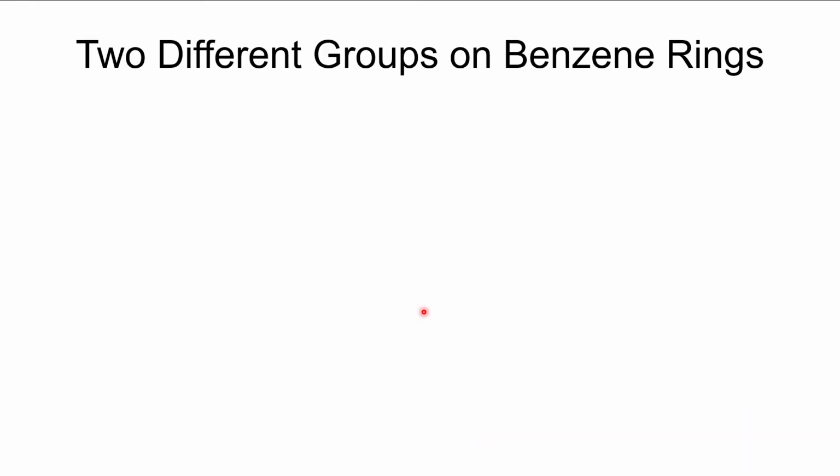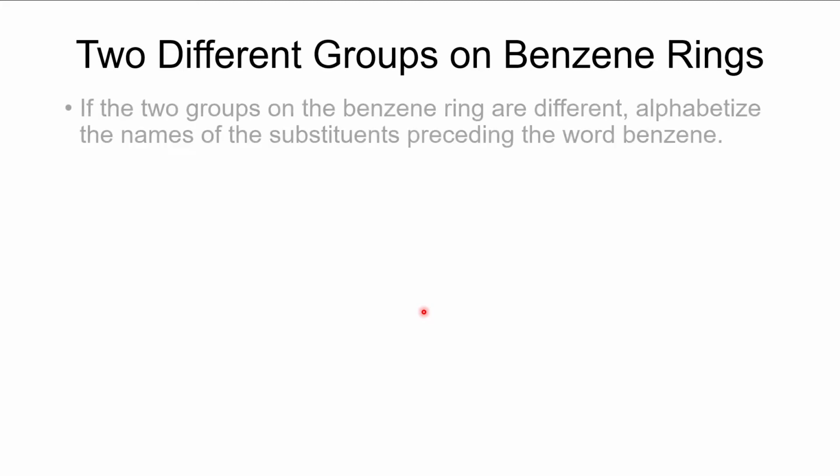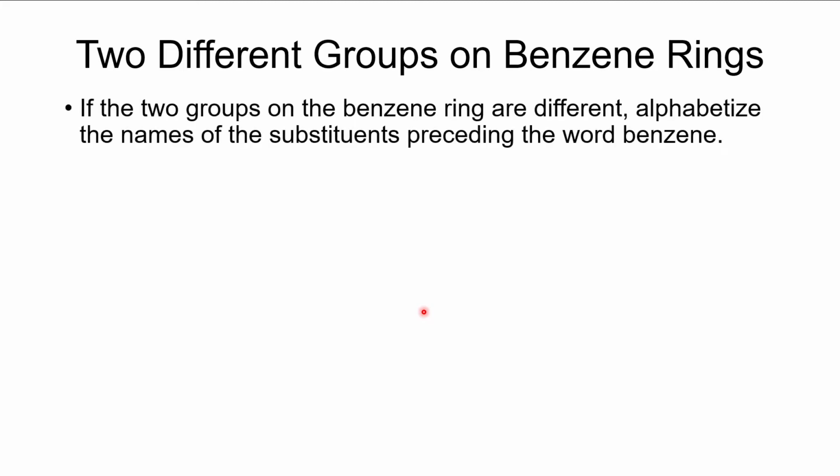If you have two different groups on the benzene ring, then we need to know what order to put them in. If it's two different groups and it's not part of a common name, then we are going to alphabetize the substituents, where the first one alphabetically gets the 1 position, and the second one gets whatever the other position is.